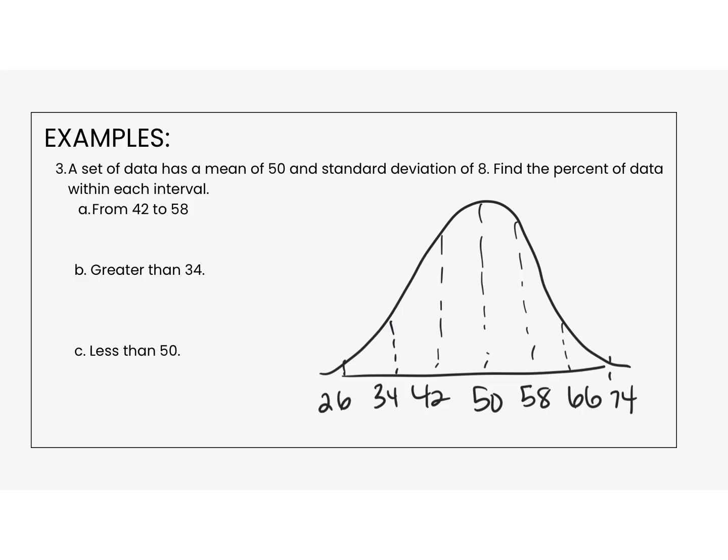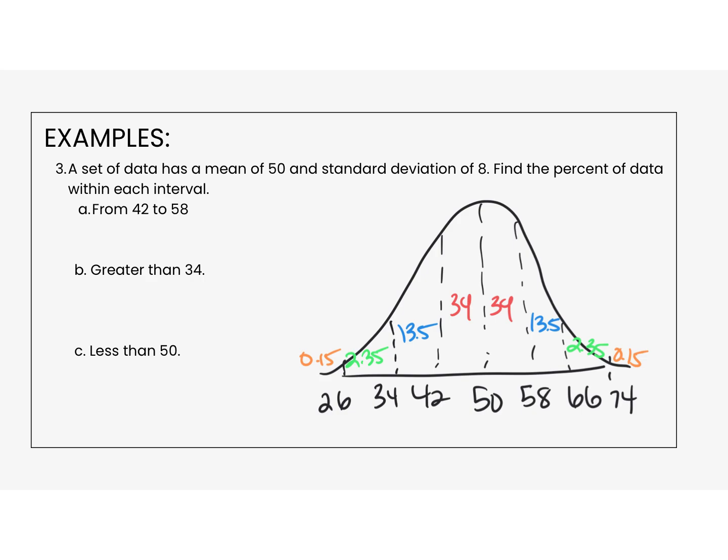And let's label, so 34, 34, 13.5, 13.5, 2.35, 2.35, 0.15, 0.15.